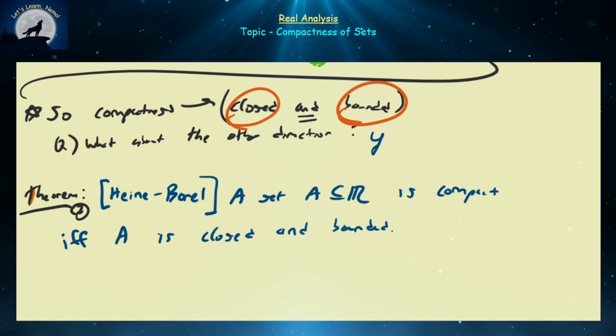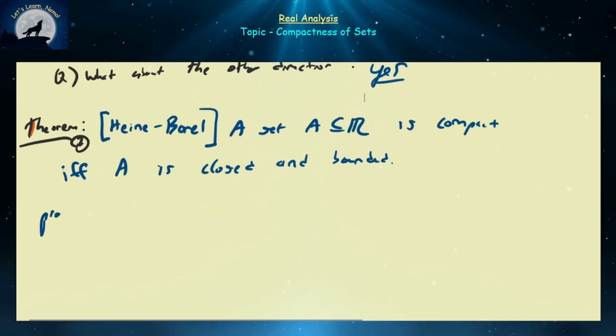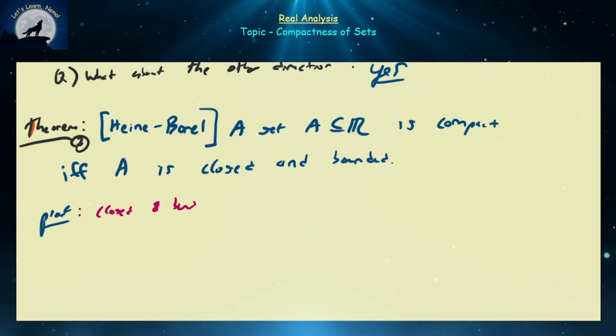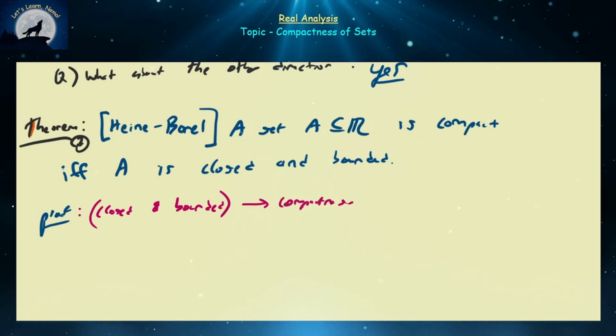Right? So yes, it is indeed true. We've already shown that compactness implies boundedness, and obviously you can show that compactness implies closedness. So pretty much all you would have to show now is that if you have closed and bounded, then you can get compactness from that.